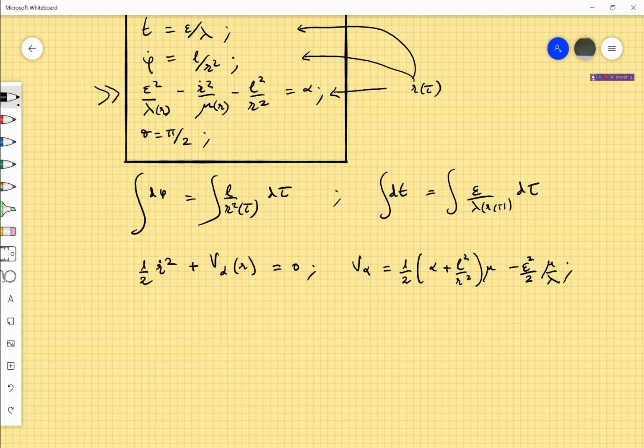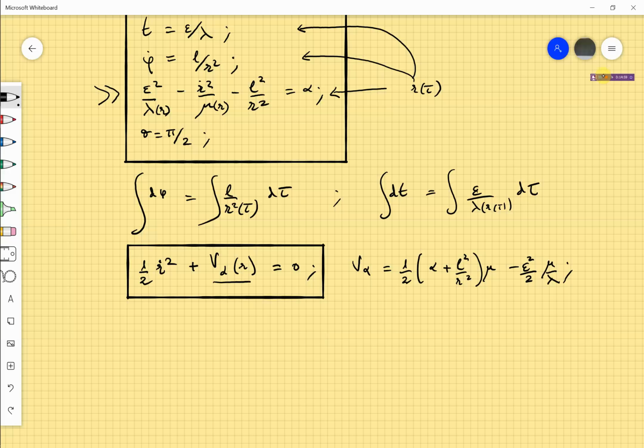and whatever else you have, you call it V of alpha. And you see that this is effectively the equation of a point particle, okay, which moves in some coordinate that we call r, a classic Newtonian particle, okay? It's a reinterpretation of the same equation. It's the same equation that you would have if you had a Newtonian particle moving in the direction r only, subject to this potential V of r.